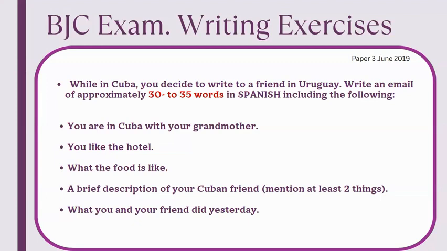You could use fui for when you're saying what you did with your friend yesterday. Oh, very good. So please tell them what that is. What is that verb? Fui, yeah, fue. What is that? Went.